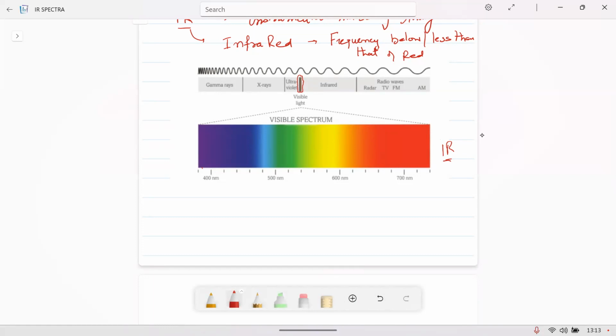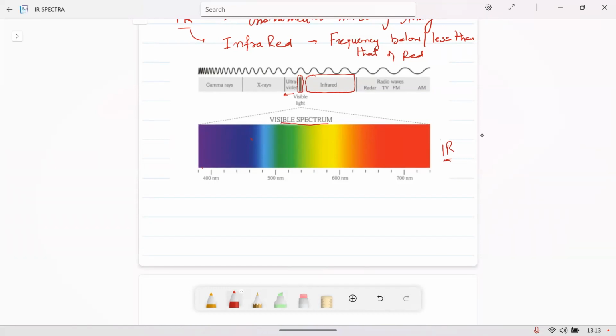And the ones over here are called ultraviolet. You will study ultraviolet and visible spectroscopy in A2. But here we are using this part of the spectrum. This part is called the visible spectrum, where we see different colors and so on.